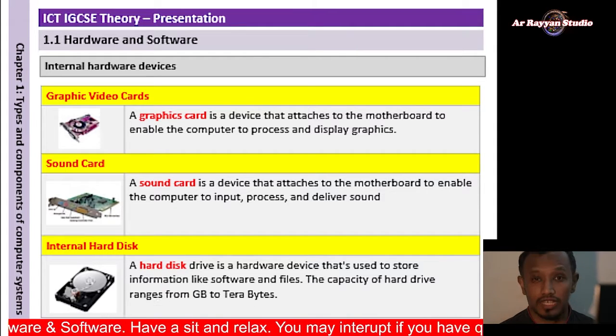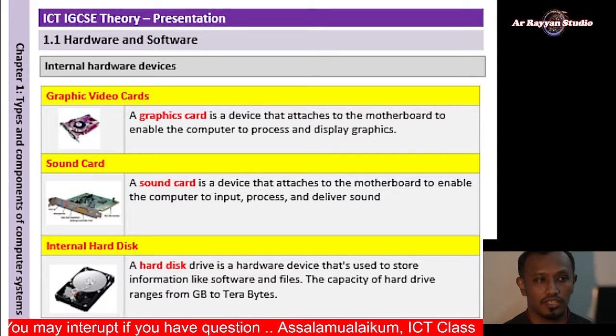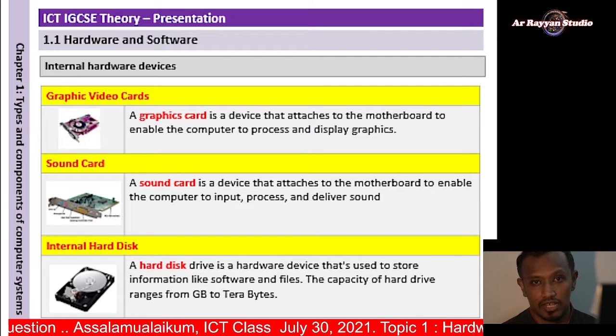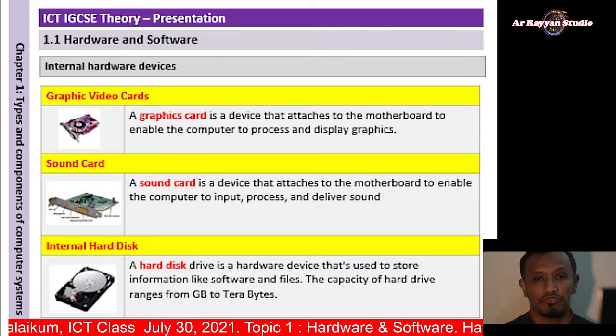Alright, if you are gamers, you already know about these graphic cards, right? What is a graphic card used for? A graphic card is a device attached to the motherboard that enables the computer to process and display graphics. Sometimes motherboards have graphics embedded.